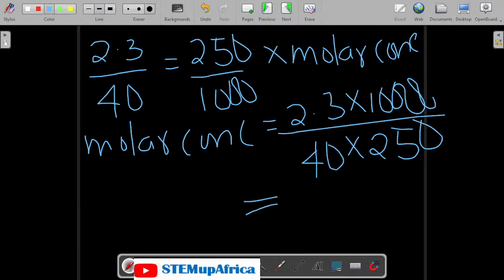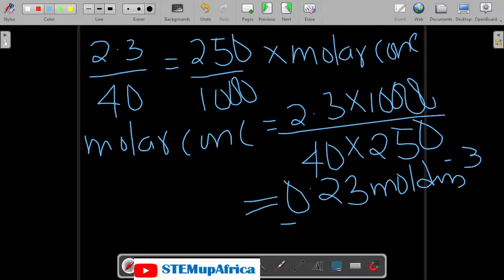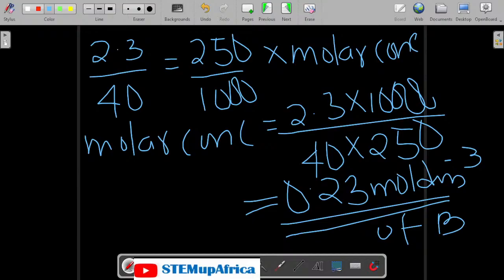If you multiply and divide, what are we going to have? 2.3 times 1000, divided by 250, divided by 40. That will give us 0.23 mole per dm cube of B. This is of the base B, not of the acid.